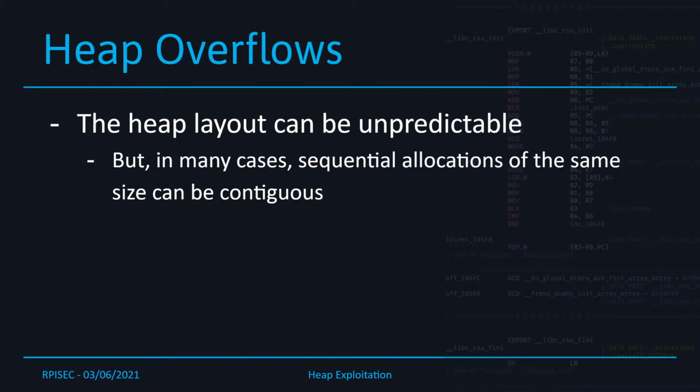Now, the heap layout can be unpredictable, because again, it's a massive sequence of allocations and deallocations, and these could occur in orders that are either difficult to predict or just non-deterministic in general. The most obvious example being a program might have a random timer that causes it to do something, and that will shuffle around the heap.